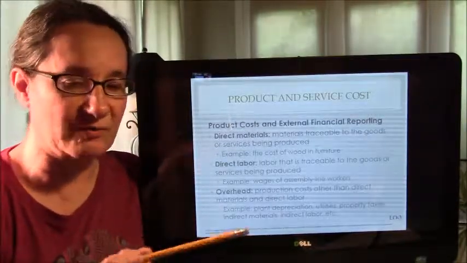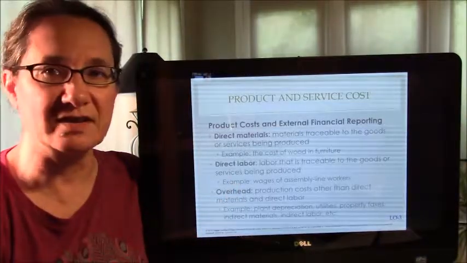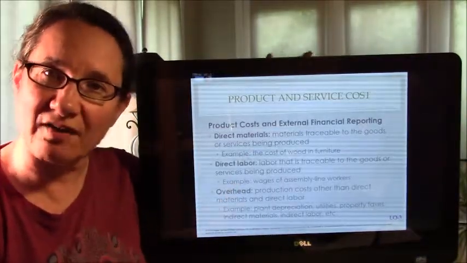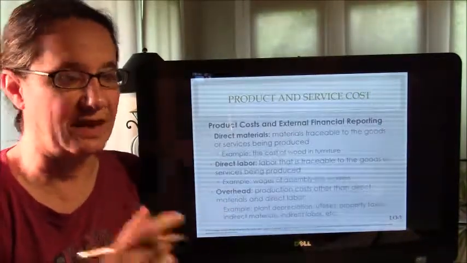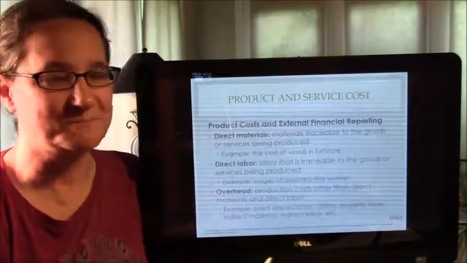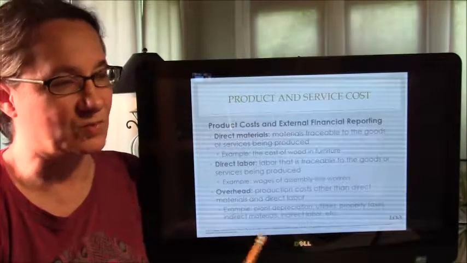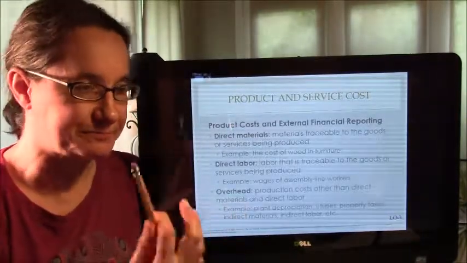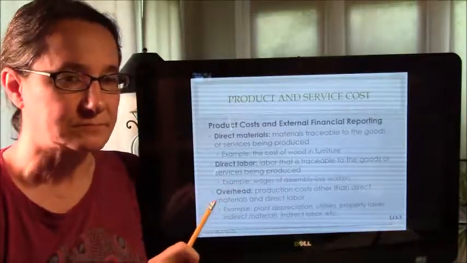Assembly line workers, whoever works on the assembly line putting together these pencils, that's direct labor. Whoever's the manager in the office overseeing it, whoever's the accountant, that's not direct labor. That is what we call overhead. So any production costs that are not direct materials and direct labor, things like depreciation, utilities, property taxes, all those kind of things, those are overhead.